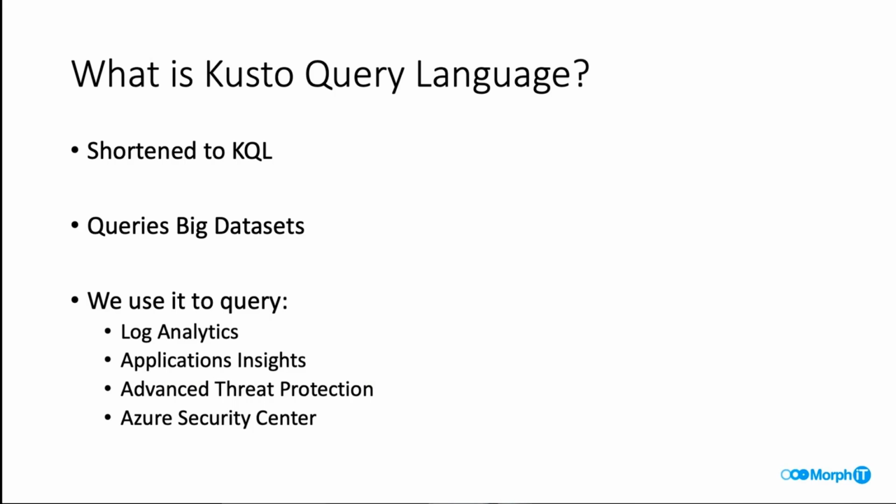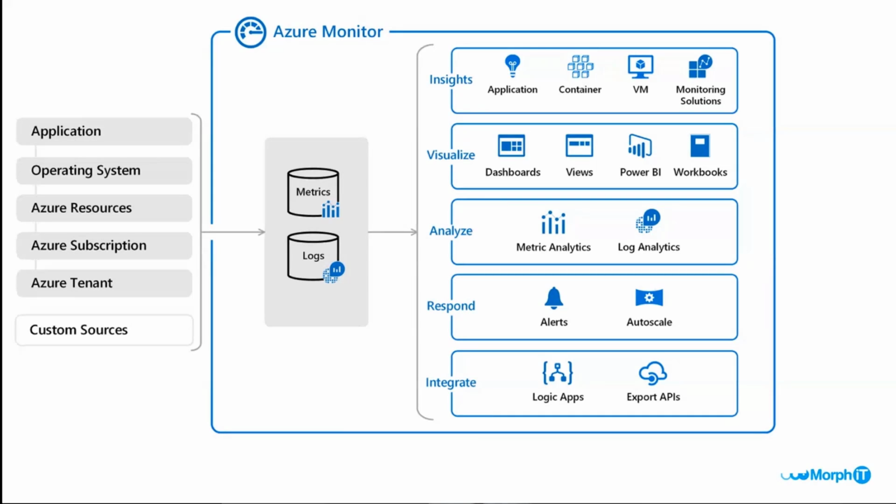Alrighty. On the left-hand side, we have various sources of monitoring data that will populate our data store, which is what we're going to run KQL over. On the right-hand side are all the various functions we have within Azure, specifically Azure Monitor, that deal with the collected data.